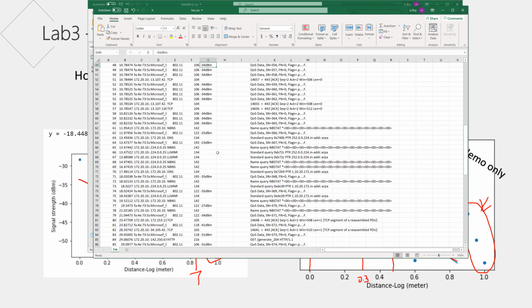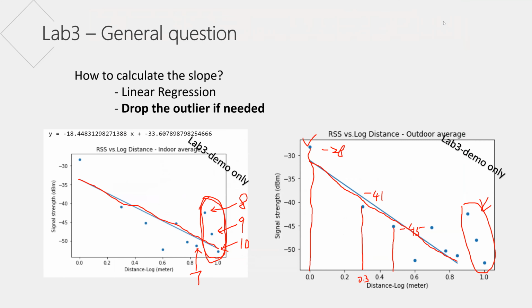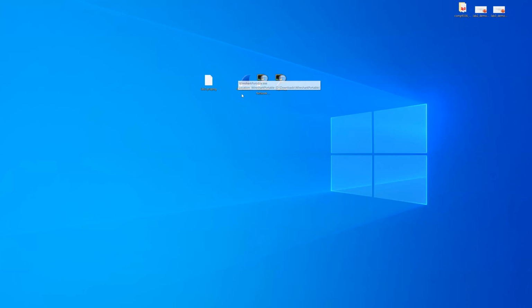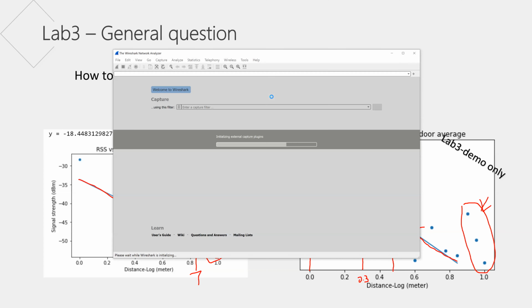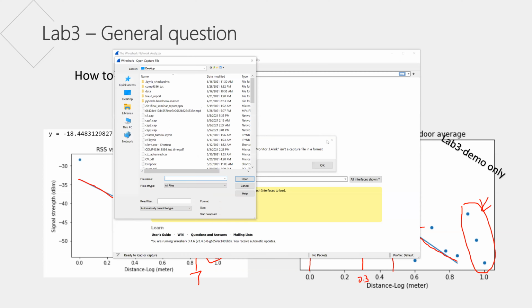I'm not sure what happened, but we should double check it. I think it is because I'm using my desktop to capture the wireless signal, and when I use my laptop, it doesn't have this problem.